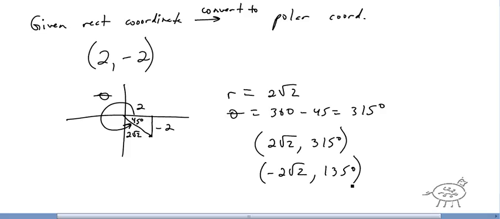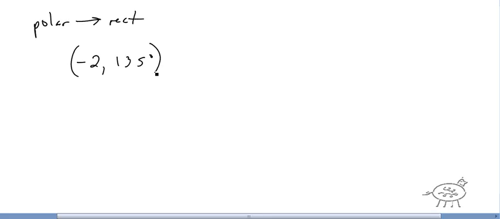So that's converting from rectangular to polar, and I can do polar to rectangular too. If I give you a polar coordinate of -2, 135 degrees, personally, I would get rid of that negative. It's just more complicated when you have a negative.